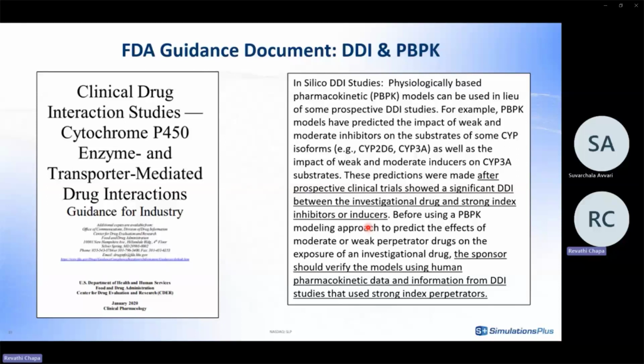For example, you can see the effect of moderate and weak inhibitors or inducers, how much the possible effect could be if the drugs are co-administered. So you can use a PBPK model instead of doing clinical DDI studies, because we have the information on FM and FT based on a strong clinical DDI study.